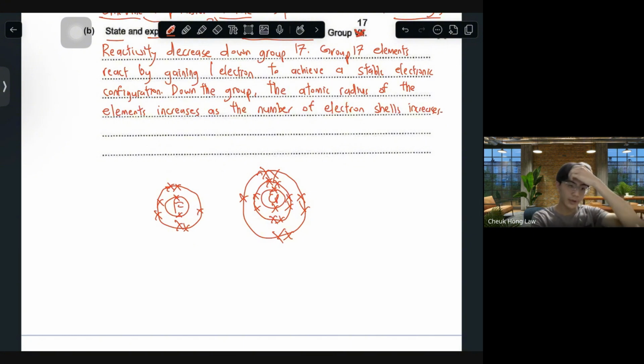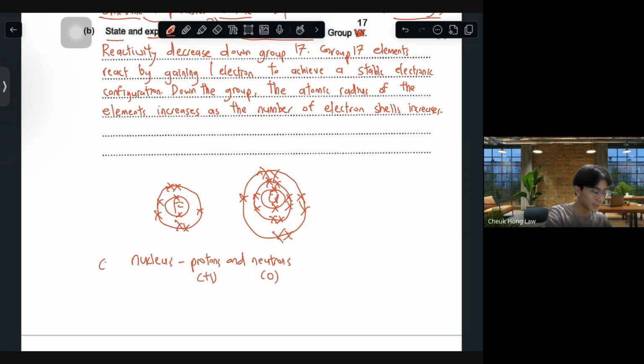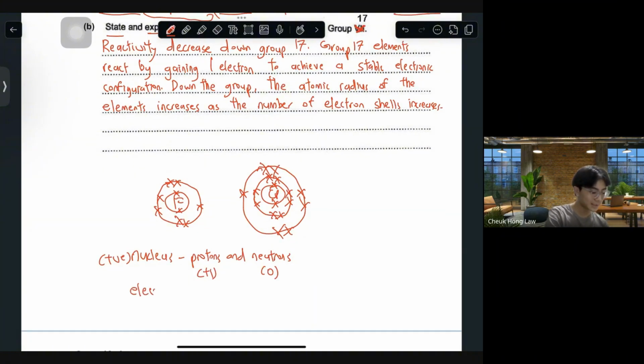Inside your elements, you have a nucleus, and your nucleus is actually positively charged because it contains both protons and neutrons. Protons are positively charged, neutrons are neutral. So your nucleus itself is positively charged, and your electrons are negatively charged.